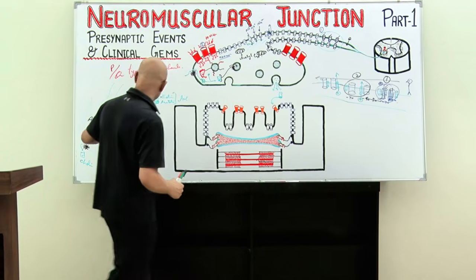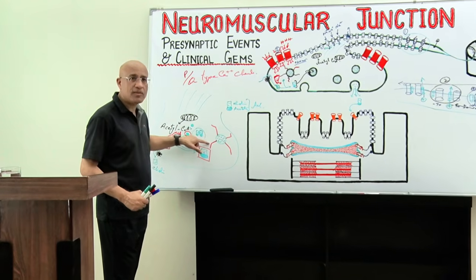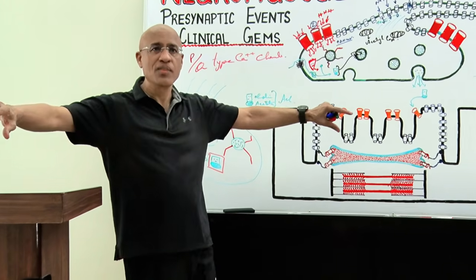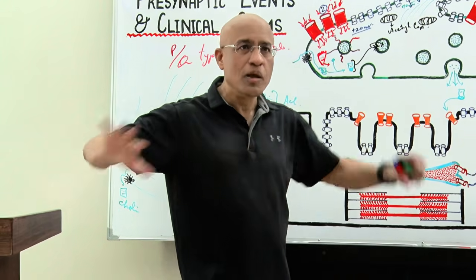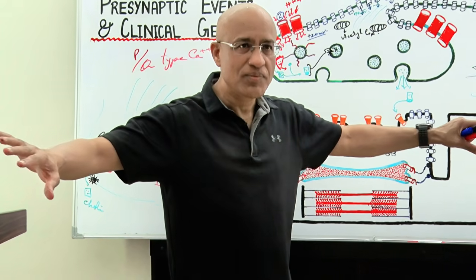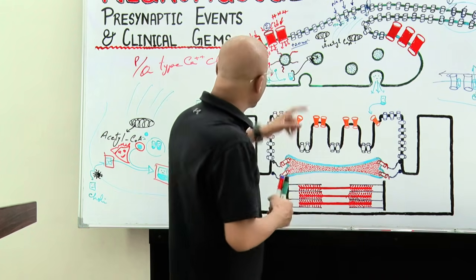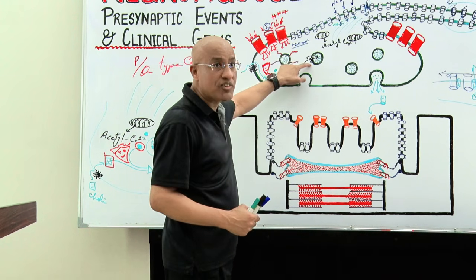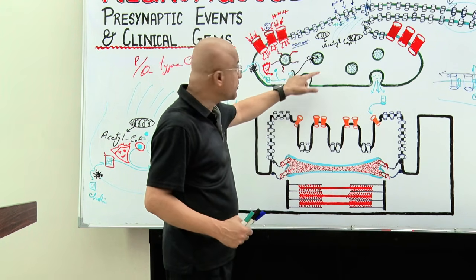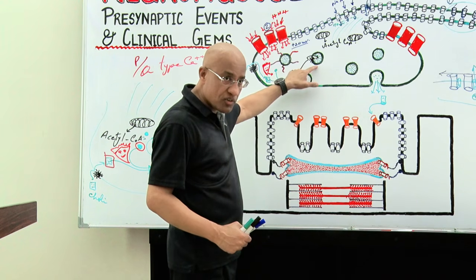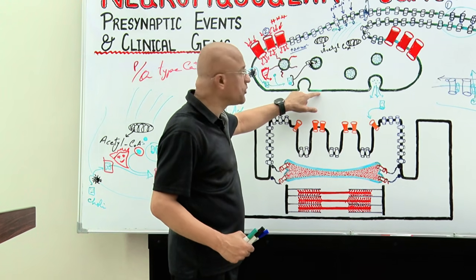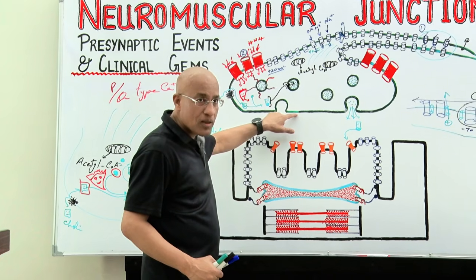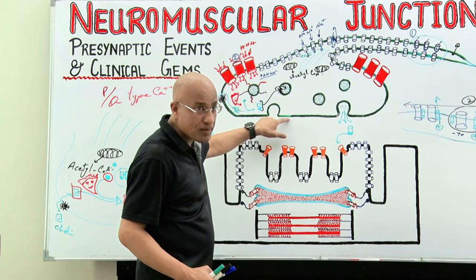This protein is also a pushing protein. It is all the time pushing things away, right? So a vesicle cannot naturally, without any stimulus, fuse with the terminal button membrane.